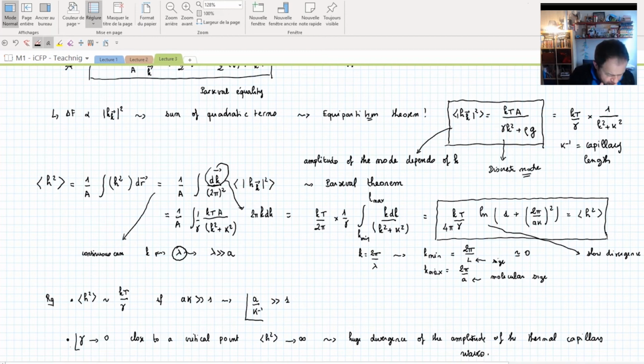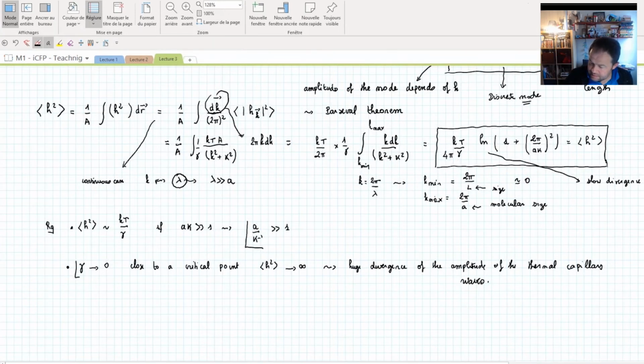Okay, and can we make some other comments? Maybe we can say that, well, if G tends to 0, kappa dots tends to the capillary length, sorry, tends to infinity.